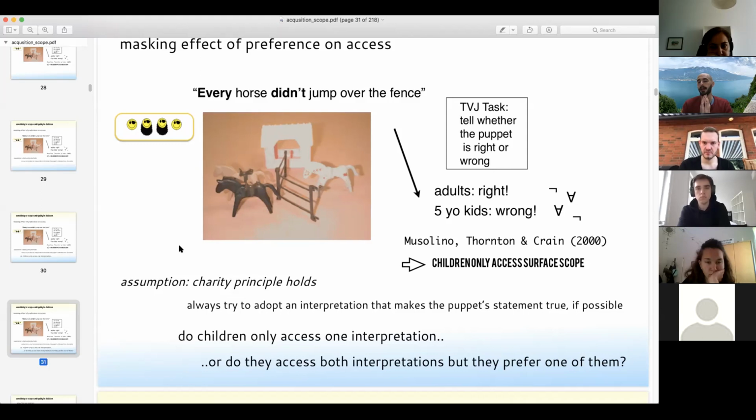Do you think that there could be another reason other than them not being able to derive that interpretation? Could there be a situation in which they actually access both interpretations, but they always say that the puppet is wrong? Do you have any idea about this? Any guess? Anything?